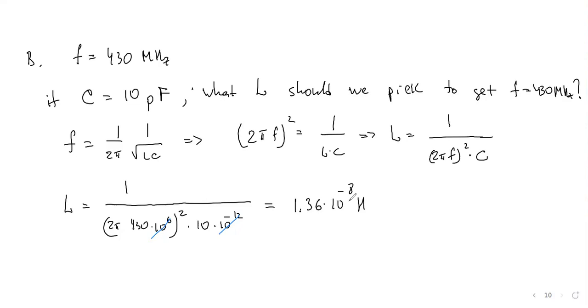So we can say nanohenry, if you want to make it 10 to negative 9. So this combination of these two values, 10 picofarads and 13.6 nanohenry, should give me this type of frequency.